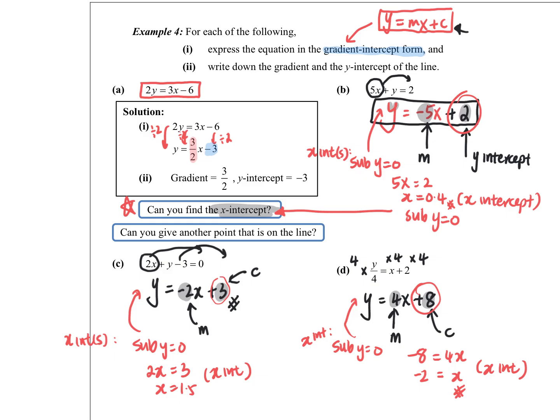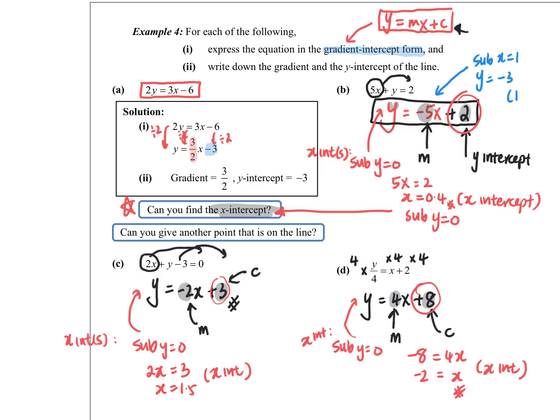Then they say, can you give another point on the line? How do we find another point on the line? You just sub in any x value you like into the equation. So for example, if I sub in x as 1, then my y will become -3.